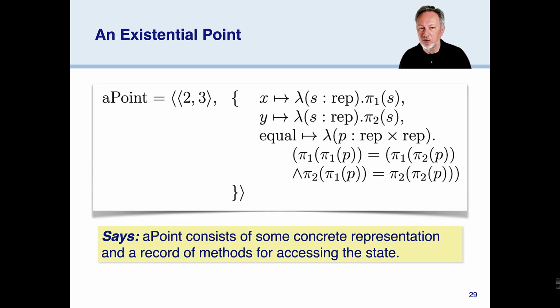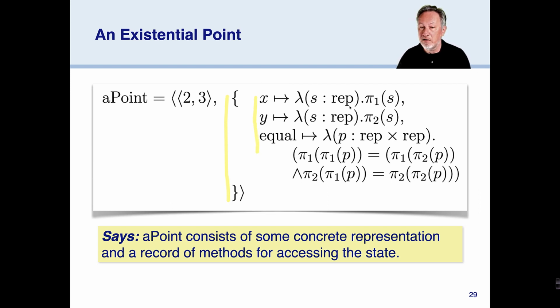Here's an existential point. So this existential point has a representation. That representation, internal representation, is simply a tuple. So that's the internal representation. It's hidden from the outside. Whenever we have an object really in a programming language, there always is a representation, but we never look at it, we never touch it. We always go through the interface.